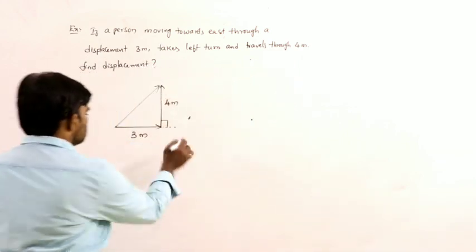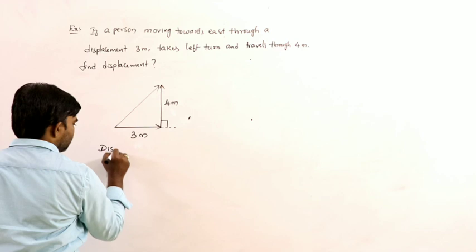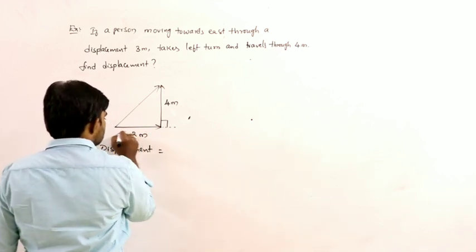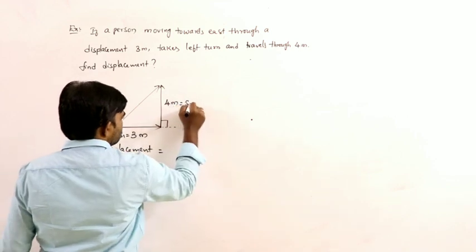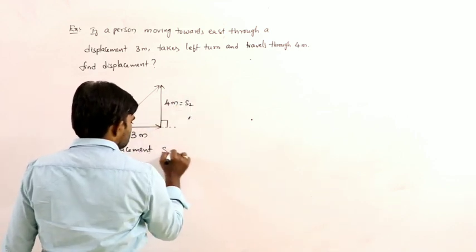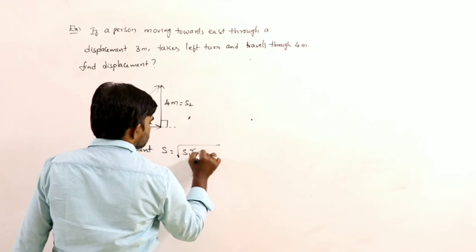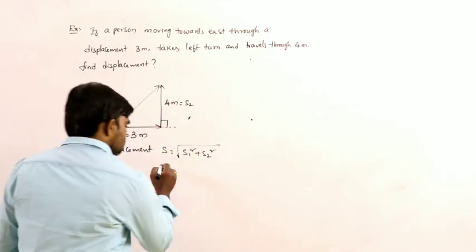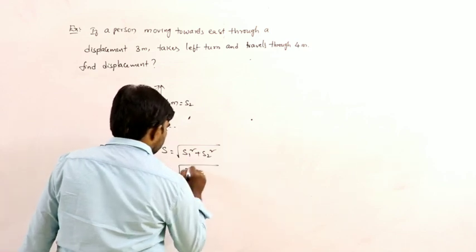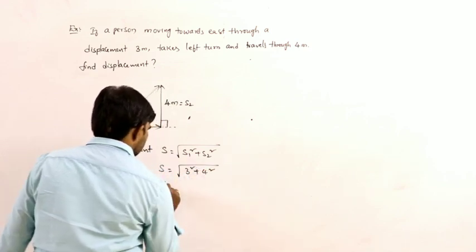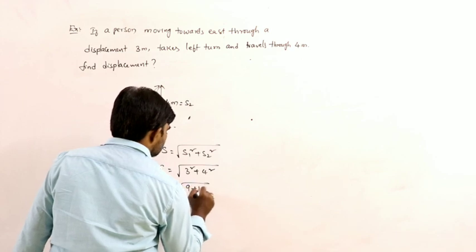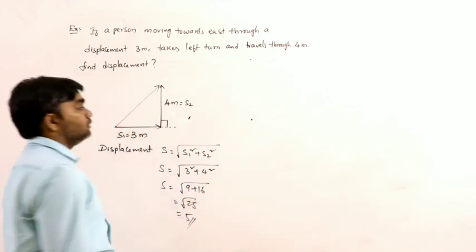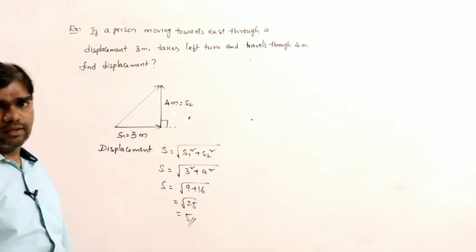Displacement is also a vector, so let us say it is S1 and S2. The net displacement S is equal to the square root of S1 square plus S2 square, because the angle is 90 degrees. So S is equal to the square root of 3 square plus 4 square, the square root of 9 plus 16, root of 25, which equals 5. Net displacement is 5.